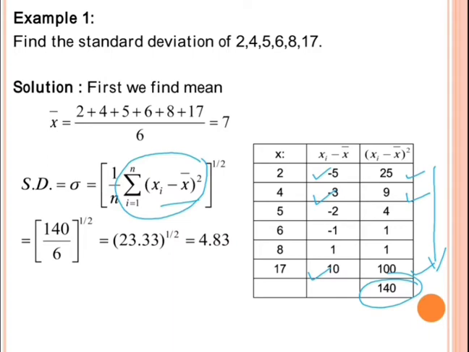Now I will put this value in the formula. We get (140 by 6) raised to 1 by 2, which is equal to 23.33 raised to 1 by 2, which is equal to 4.83. This calculation can be easily done using any simple calculator or scientific calculator.